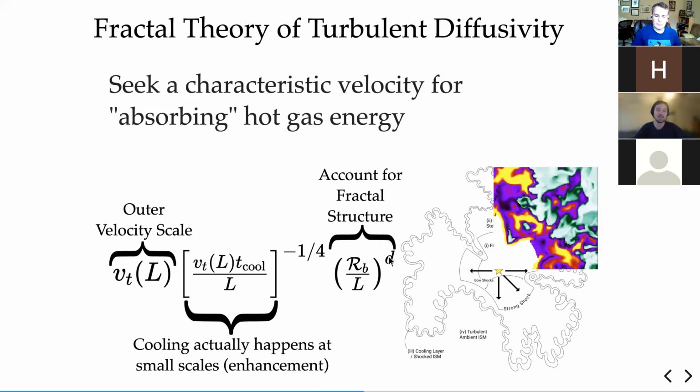So the idea of this exercise is that we can measure the velocity structure in the hot gas, and we can measure the fractal dimension of this interface, and can we make these things match one another?